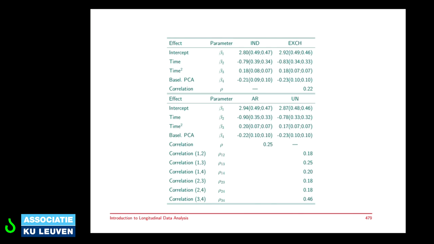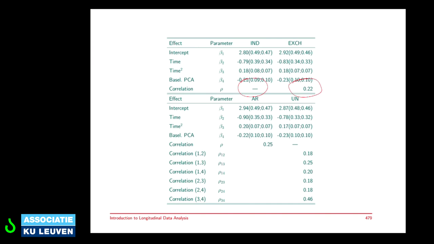So, what we see here is the parameters estimated, the fixed effects, beta 1, beta 2, beta 3, beta 4, representing the regression relationship. And then under independence, there is, of course, no correlation parameters, or if you wish, it's equal to 0, but it's not estimated from the data.